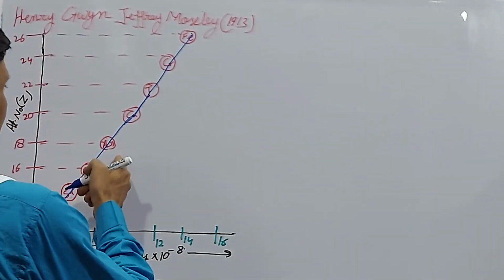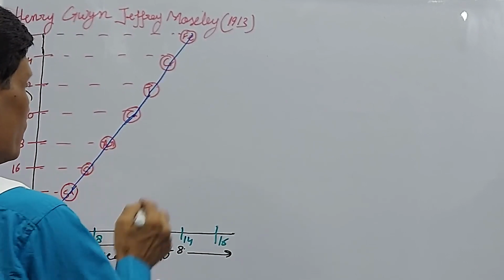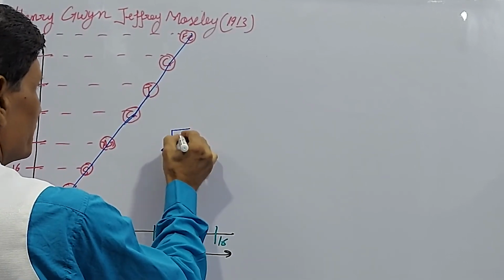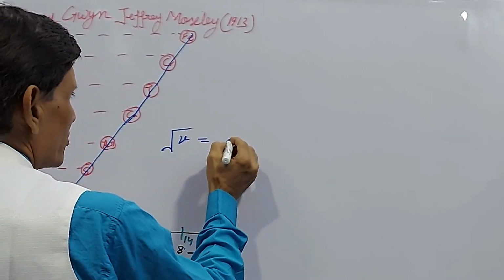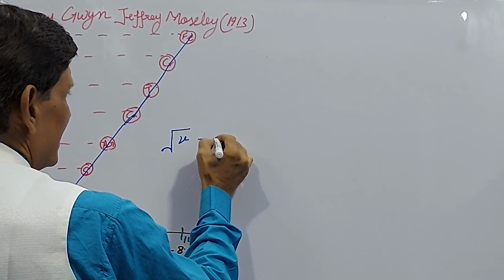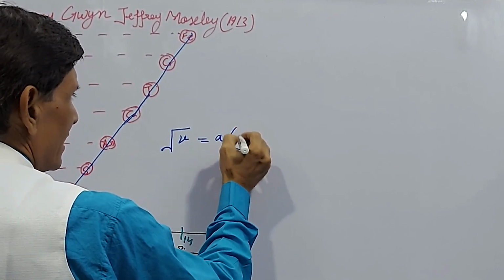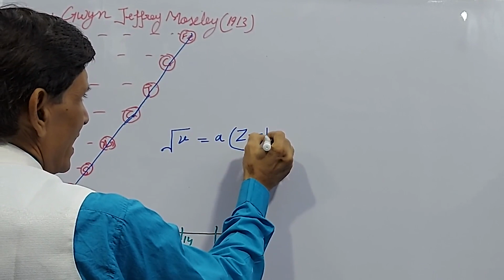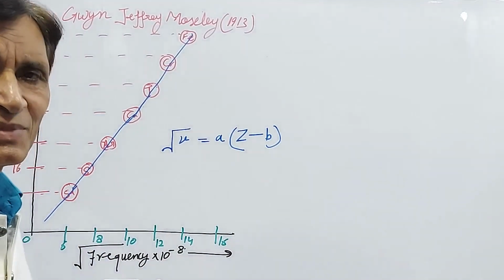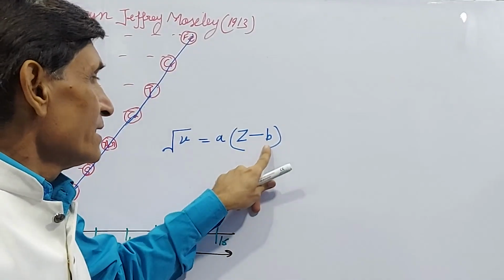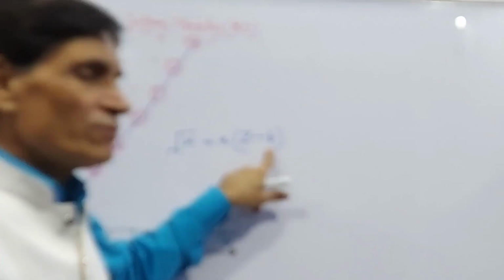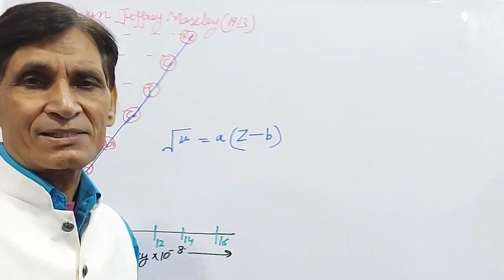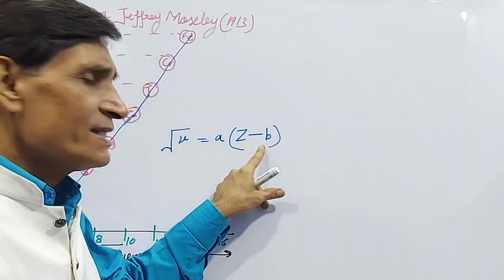By mathematical expression, we can express this. Here, frequency is represented by nu. Square root of frequency is directly proportional to atomic number: the square root of nu equals A times (Z minus B). A is a proportionality constant, atomic number is Z, and B is the constant of lines for a given series of X-rays.